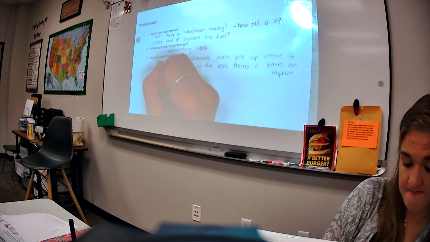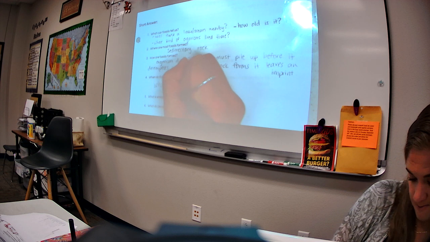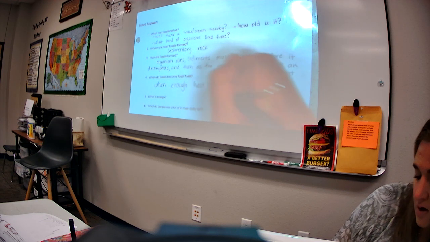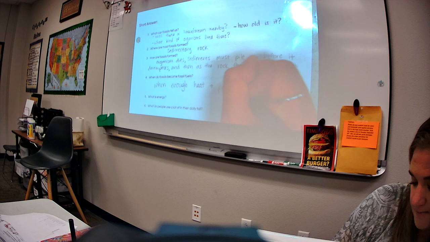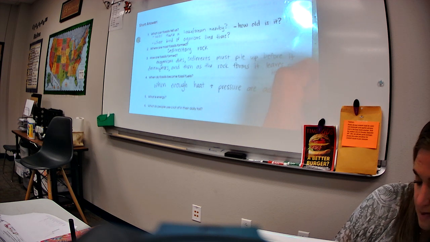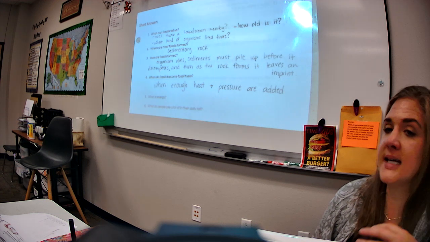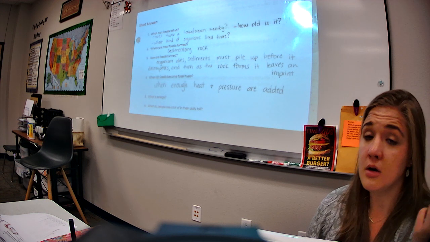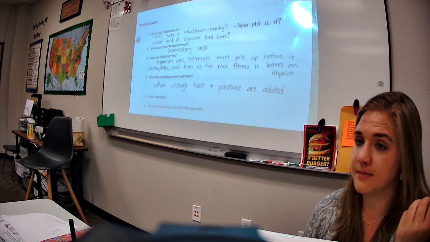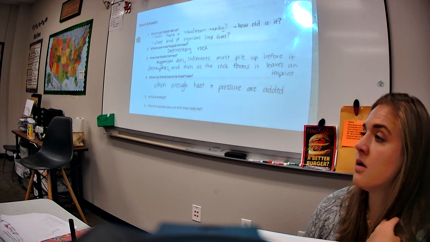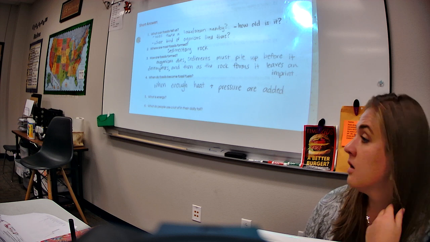Very good. Yep. When enough heat and pressure are added. Okay? That will turn the carbon that was inside the living organism's body into a fossil fuel, either coal, oil, or natural gas.